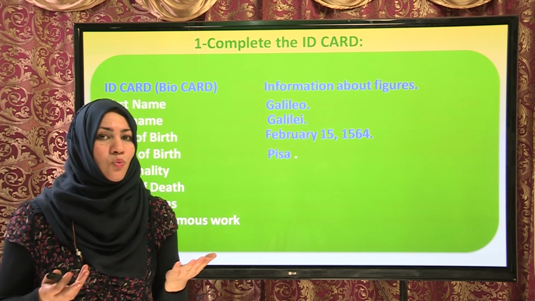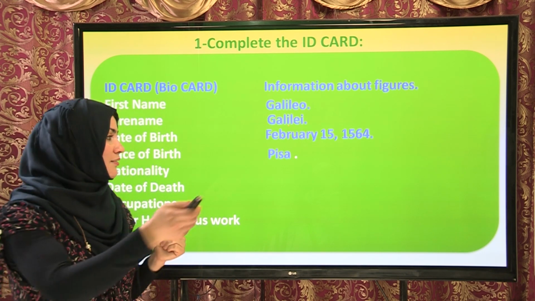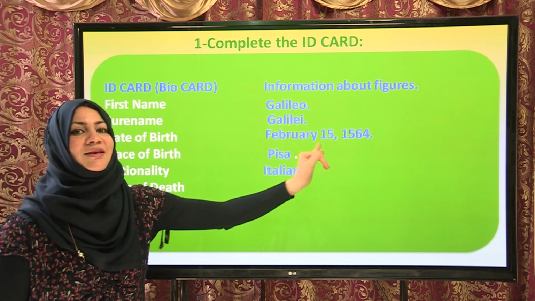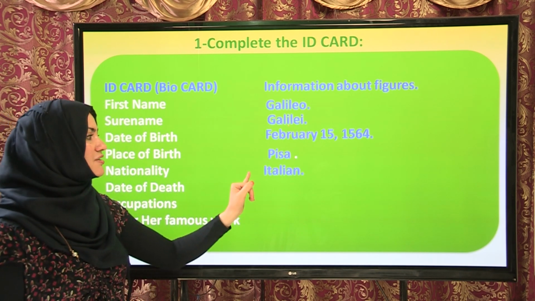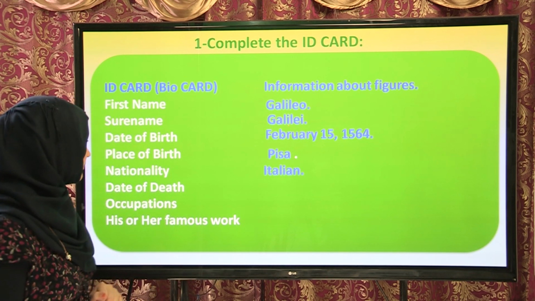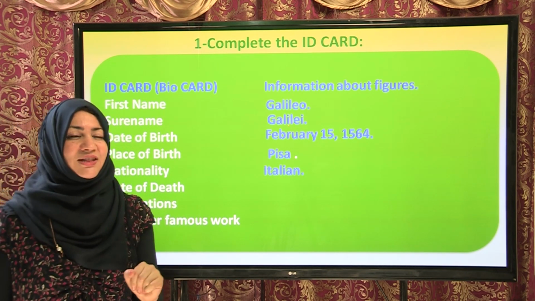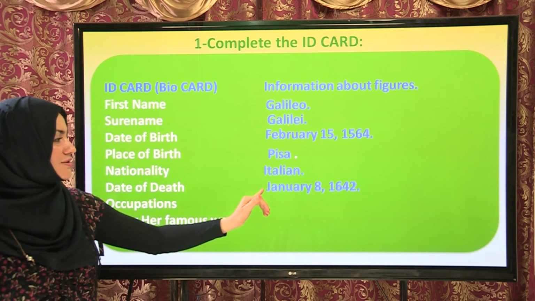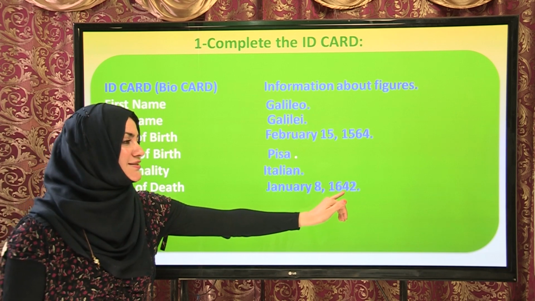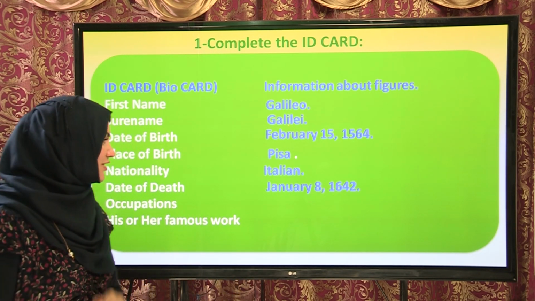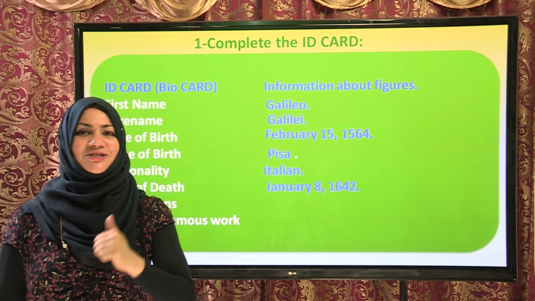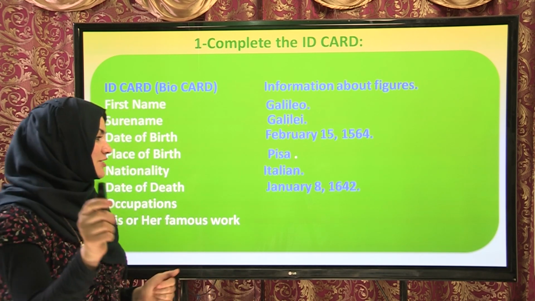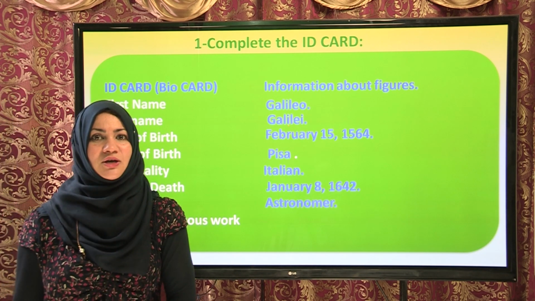Nationality, where was Pisa in? Good, Pisa is in Italy, so he was Italian. Date of death. Together, my students. Very good, it was on January 8, 1642. Occupations, his job, his profession. He was what? Good, an astronomer. He worked in space.